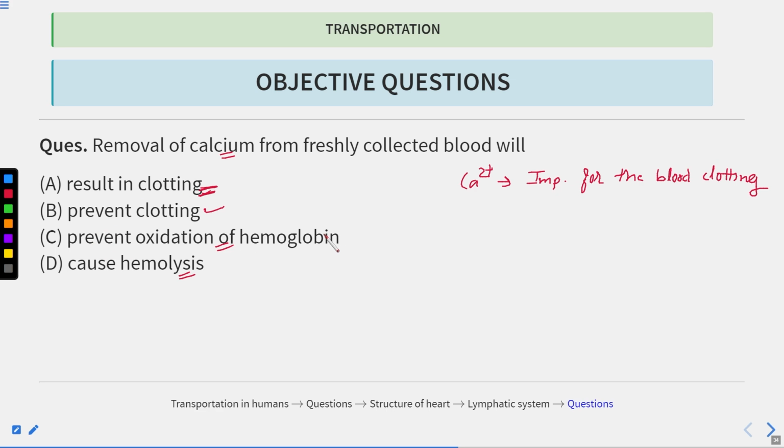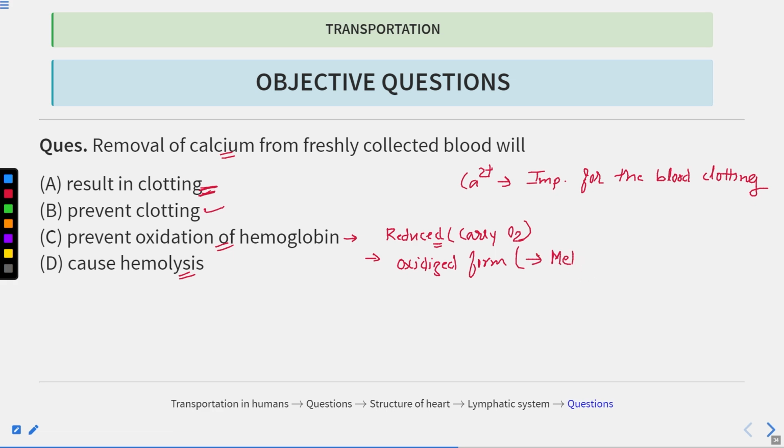Now let's have a look at the other option. Prevent oxidation of hemoglobin. Hemoglobin is usually present in the reduced form, and in the reduced form it can carry oxygen. But a small percentage of the hemoglobin is present in the oxidized form. Whenever there is oxidation of the hemoglobin, it results in the formation of methemoglobin.